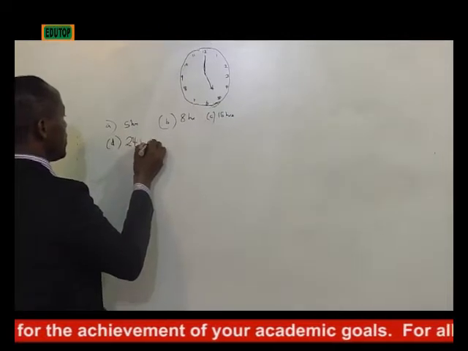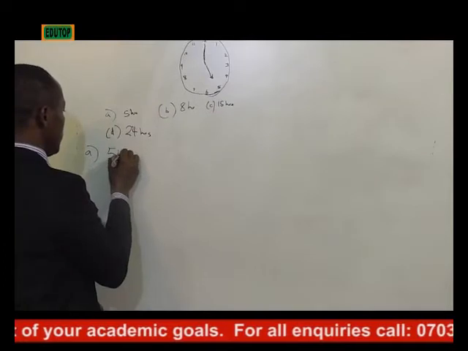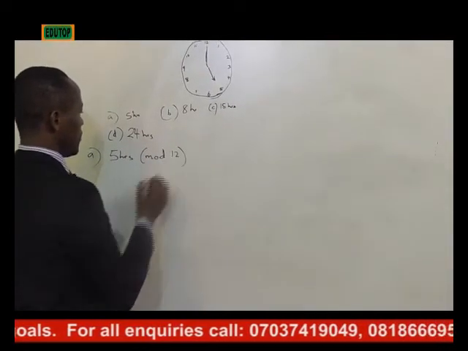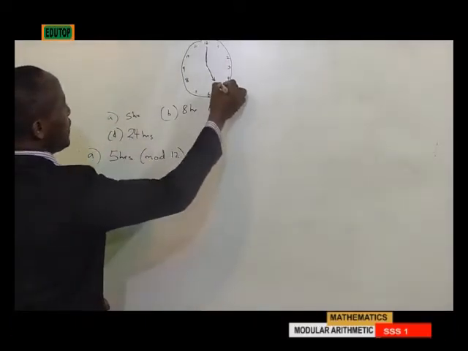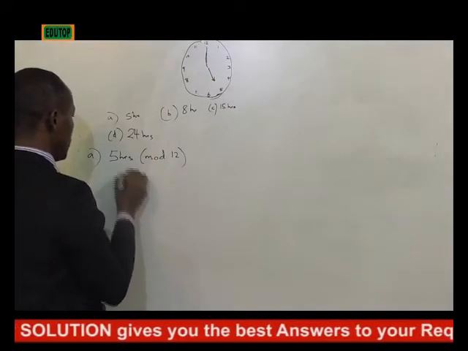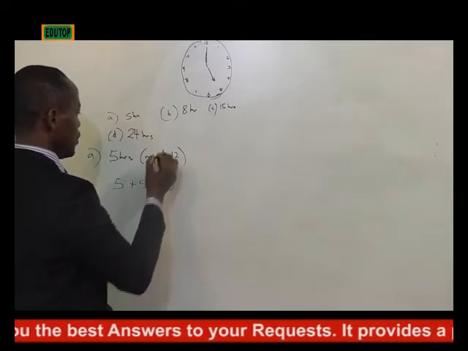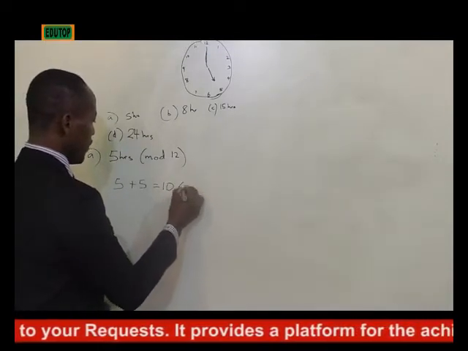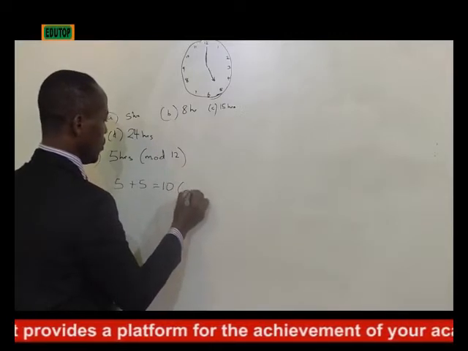For our A, that's 5 hours, modulo 12. Our initial time is 5. So we take our 5 plus this 5 hours, which is equal to 10, which is not up to 12. So this will give us our final answer, 10 modulo 12.